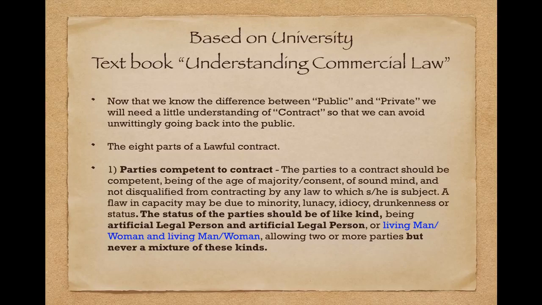Now here's the part. The status of the parties should be of like kind, being artificial legal person and artificial legal person, or living man woman and living man woman, allowing 2 or more parties, but never a mixture of these kinds. So you can't have an artificial legal person and a living man and woman, and this is where we have gone wrong every single time.